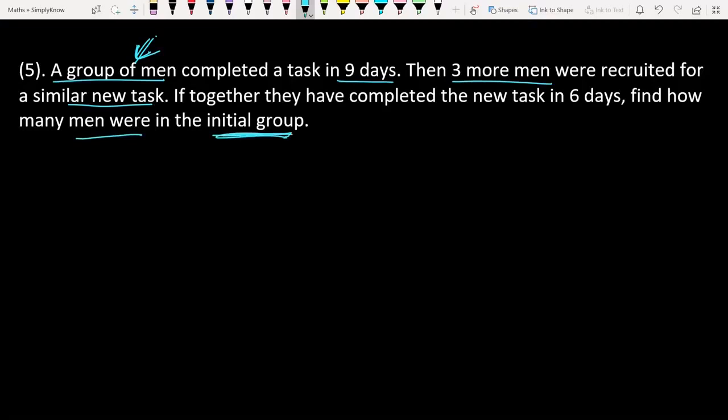So there are 2 groups. Now let's assume the number of men in the initial group as X. So let's write our formula. Number of men times number of days equals man days.